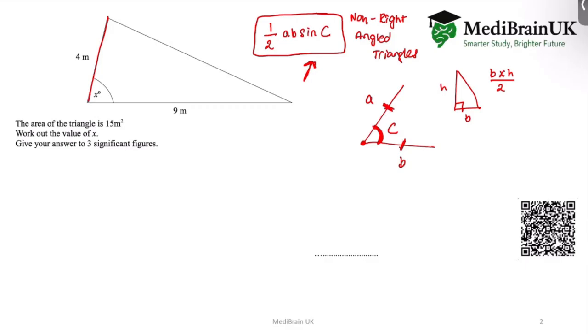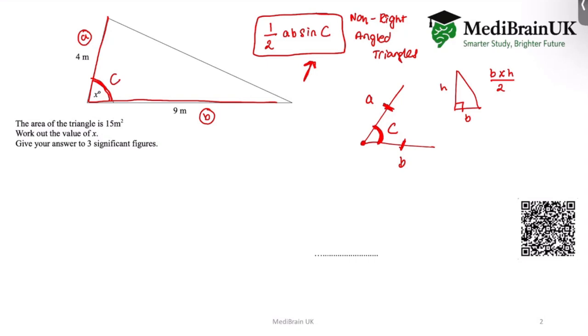You can see a line over here and a line over here, and we need to work out the angle in the middle of those two lines. So the two sides that we have, we're just going to label them as A and B in any order. It doesn't really matter which one's A and which one's B. And then the angle in the middle is going to be C, angle C.